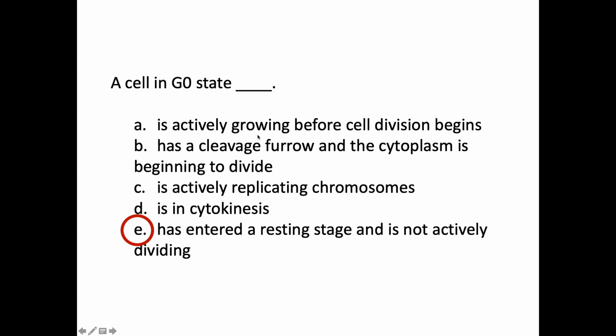So first of all, it's actively growing before cell division begins. That's apparently not correct. Has a cleavage follow, this is division, no. Actively replicating chromosomes is S phase. It's in cytokinesis? G0 state is not dividing, so no cytokinesis happens at all. So the correct answer is only E, all right?